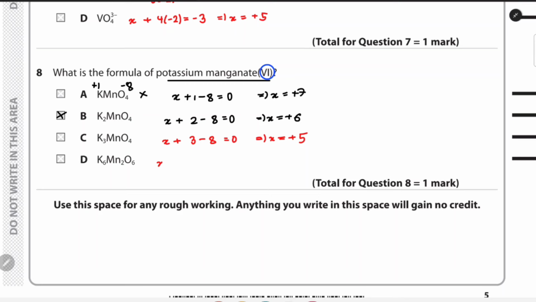From the last one we get 2x, since we have Mn2, plus 6 minus 6 2s are 12, minus 12 is 0. We get X equals 6 divided by 2, so we get a value of plus 3. So B is our answer, since it's the only option where the manganese has an oxidation number of 6.